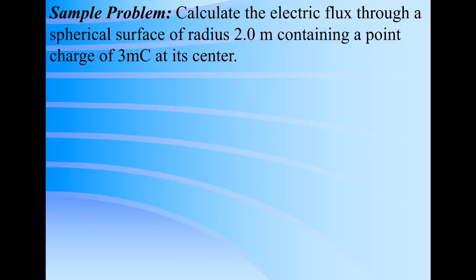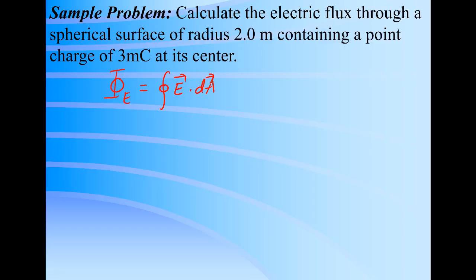Okay, so calculate the electric flux through a spherical surface of radius 2.0 meters containing a point charge of 3 millicoulombs at its center. So our equation is that electric flux is the surface integral of E dot dA.